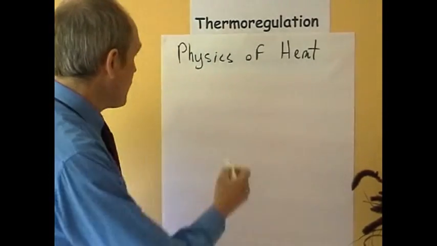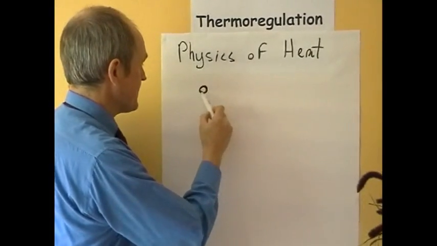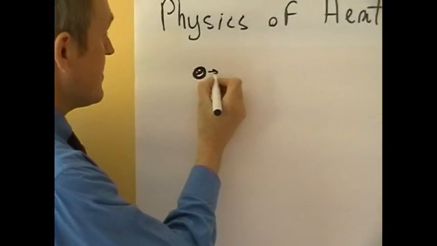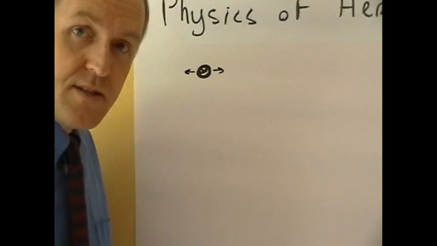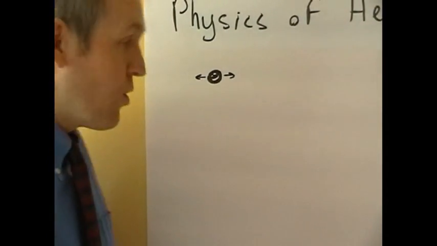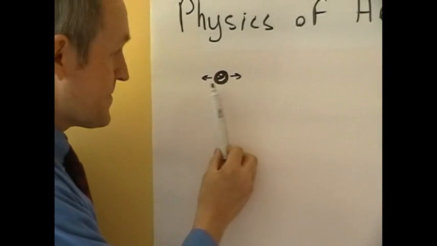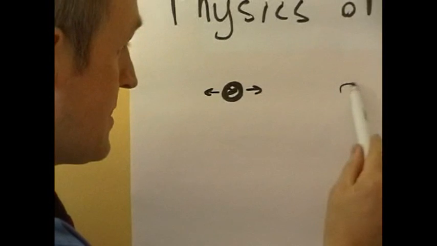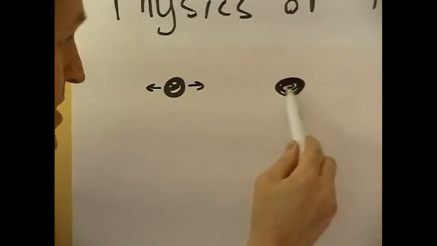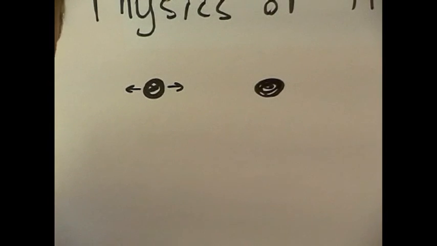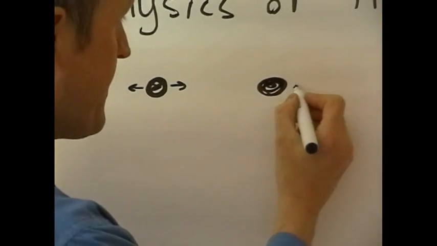So if we have an individual water molecule, for example, when the water is relatively cool, the magnitude and the energy involved in the molecular vibration will be relatively small. It'll just be vibrating a little bit. But then as we warm the water up, we put in more heat energy. The individual molecules composing the water will have a greater amount of kinetic energy.